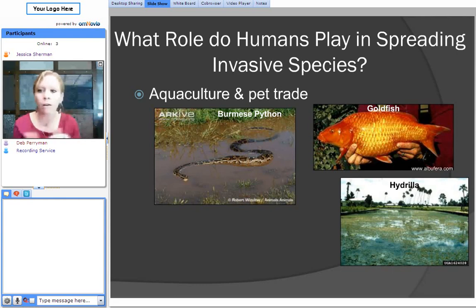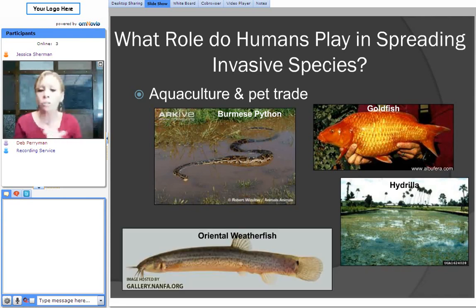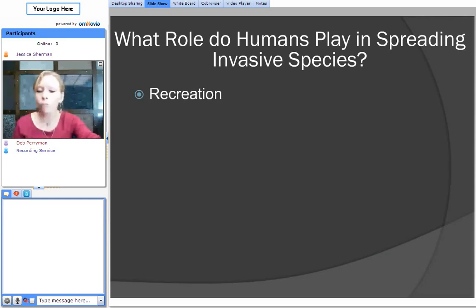Or they'll release them into a nearby ditch or another water source or a pond, and their populations can get out of control. Oriental weatherfish are another aquarium fish that we see released and can survive, especially in the Great Lakes region. So the aquarium trade and the pet trade industries are huge sources for a lot of invasive species introductions. Okay? But we also see recreation plays a big role in this as well.